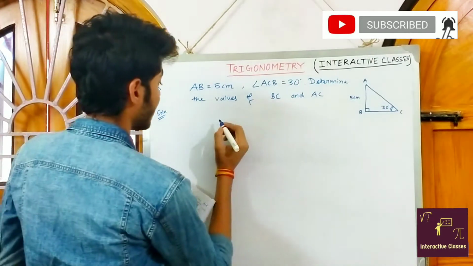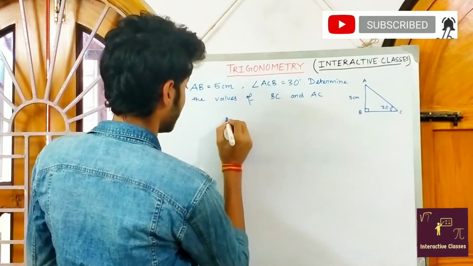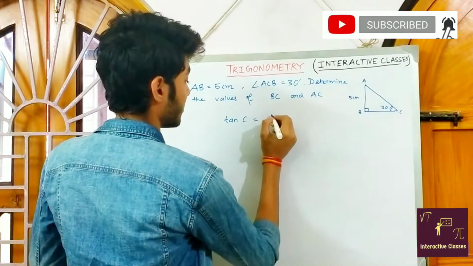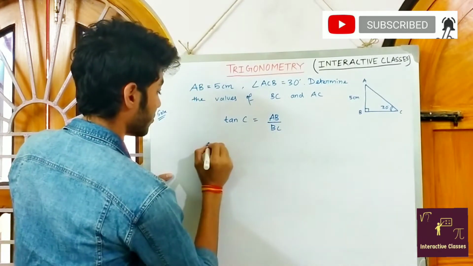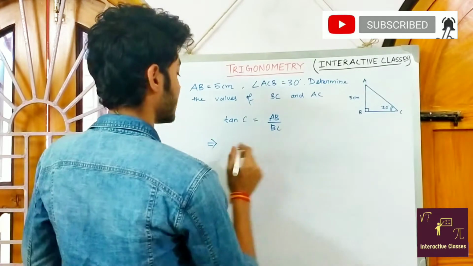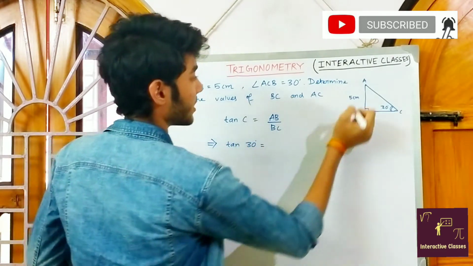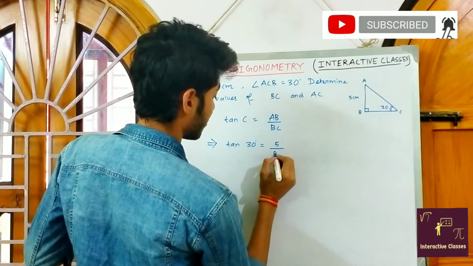So let us write tan C equals AB by BC. Now, given that C is 30 degrees, tan 30 equals AB, which is 5, by BC, which we have to find out.